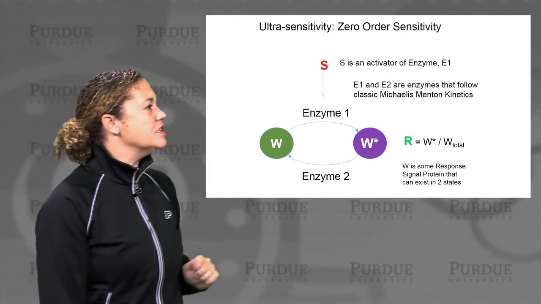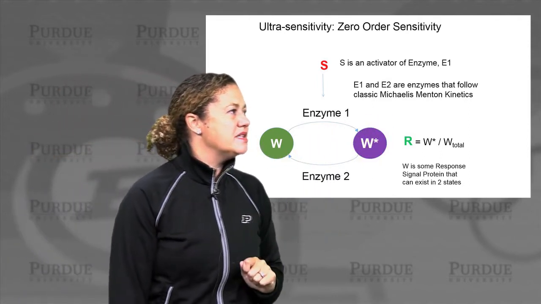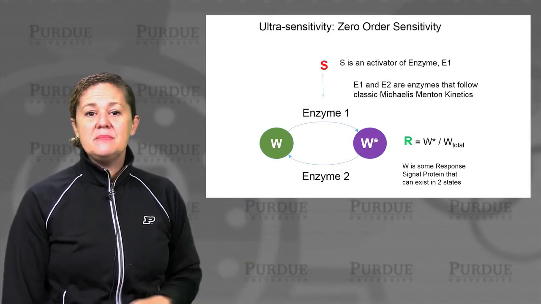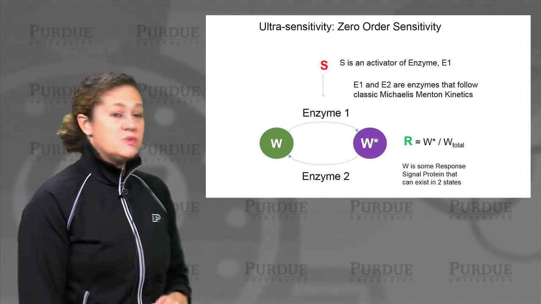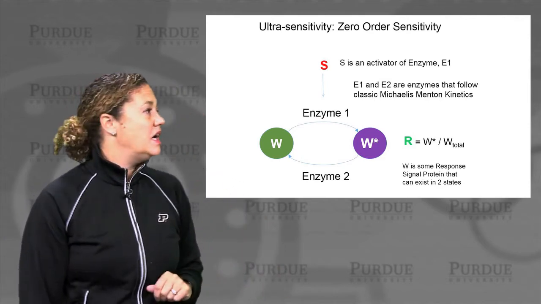Okay, so let's look a little more closely at this, and we'll assume that our enzymes follow classic enzymatic kinetics, Michaelis-Menten kinetics, which is very similar in structure to our Hill functions.